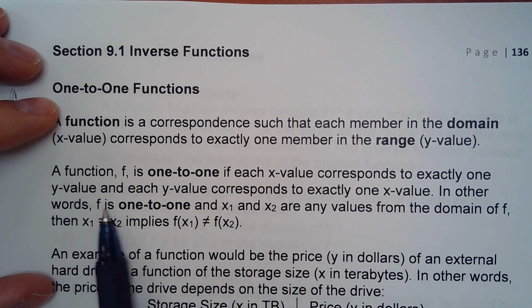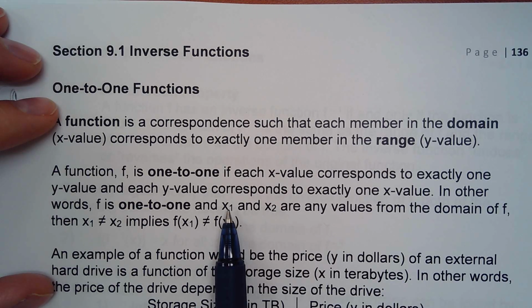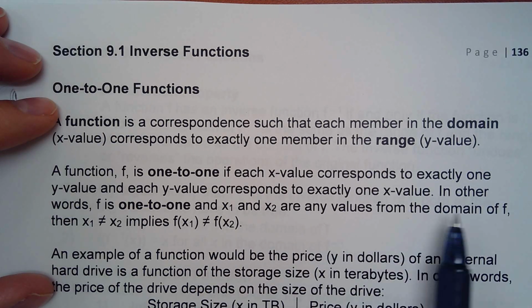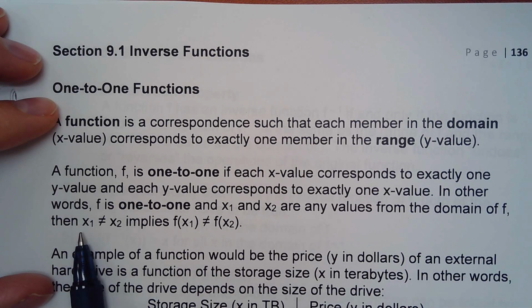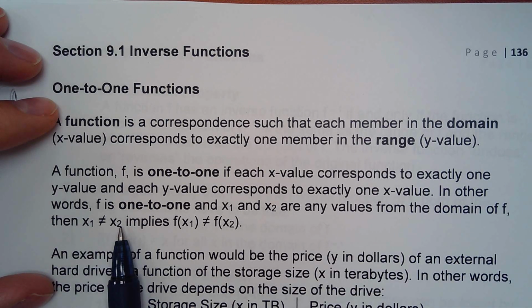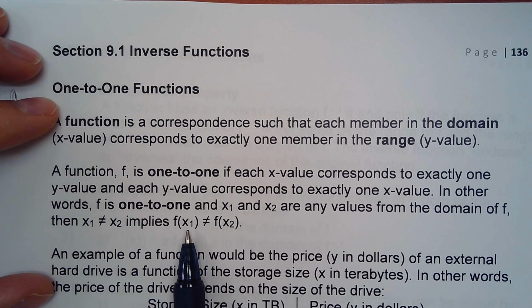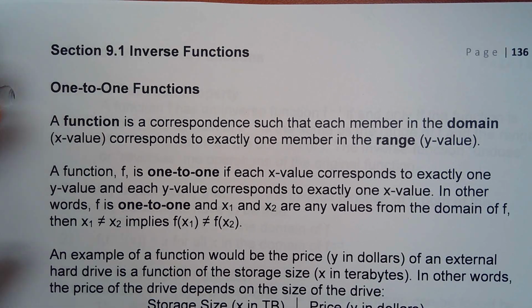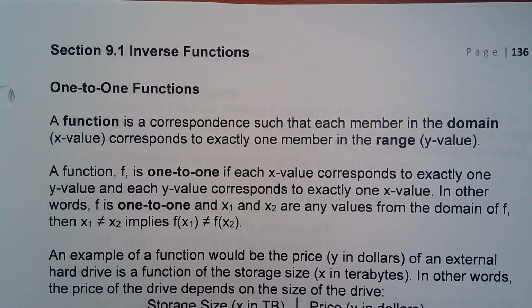In other words, f is one-to-one if x1 and x2 are any values from the domain of f, and if x1 does not equal x2, that implies f of x1 does not equal f of x2. So not only can each of my x values only produce one y value, but when it's one-to-one, if I'm given one y value, it can only come from one x value.